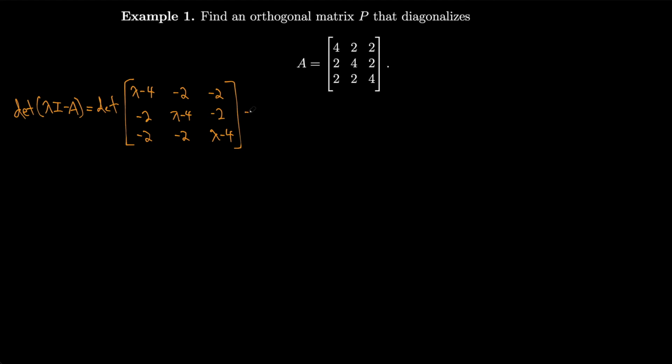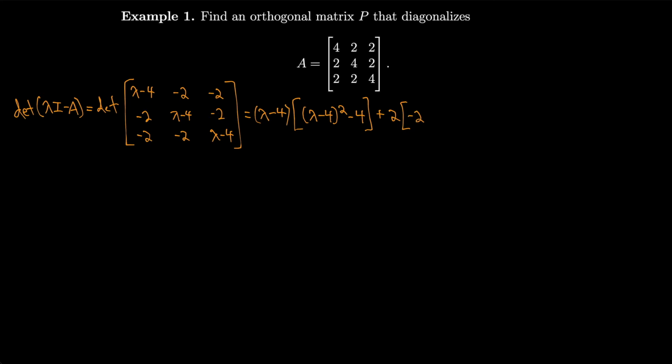And that is equal to lambda minus 4. I'll cofactor expand it. So lambda minus 4 times this determinant, which is lambda minus 4 squared minus 4. Plus 2, because it's minus minus 2, times this determinant.